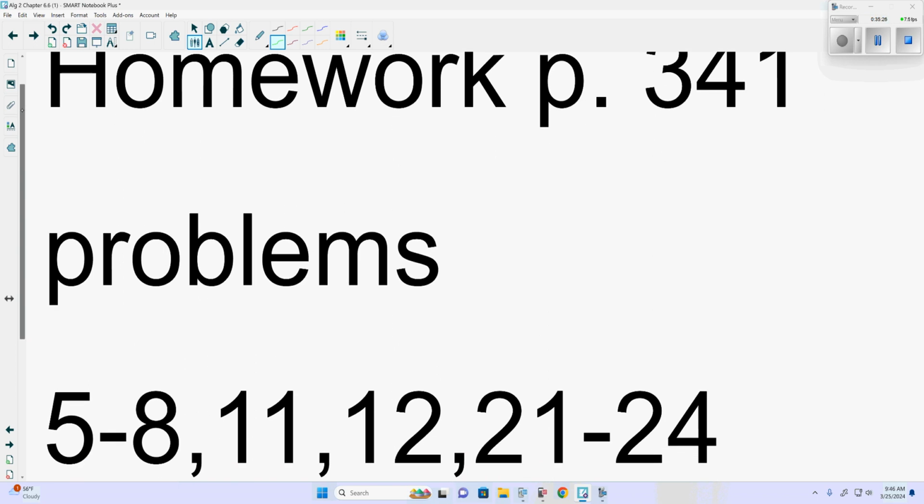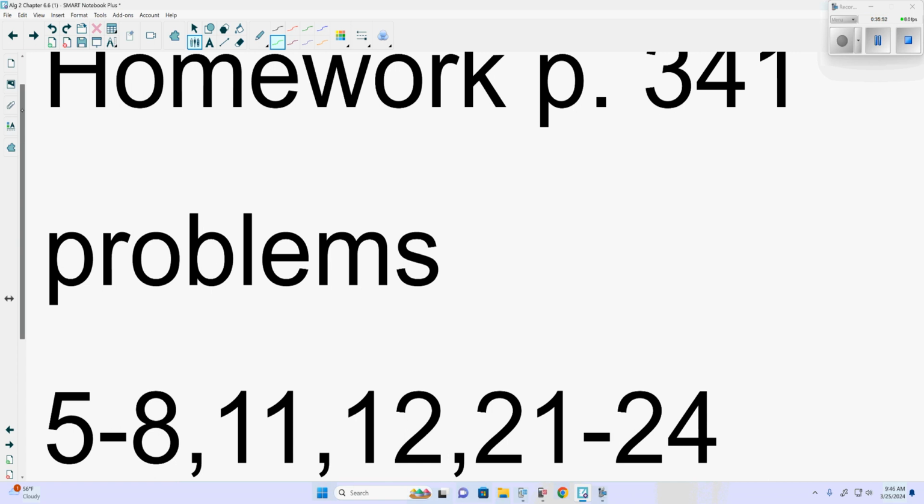Homework on page 341 is 5 through 8, 11, 12, 21 through 24. Luckily for us at this point, we don't have any that are like 11 or 12. I just wanted to throw that in there so we see it.